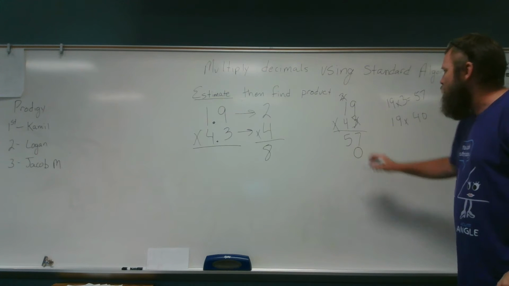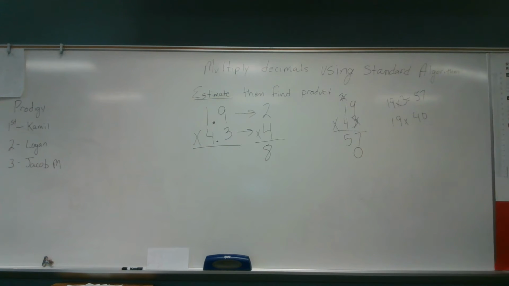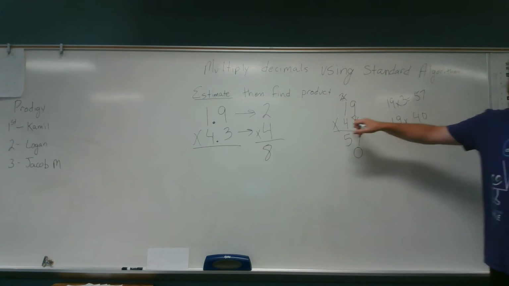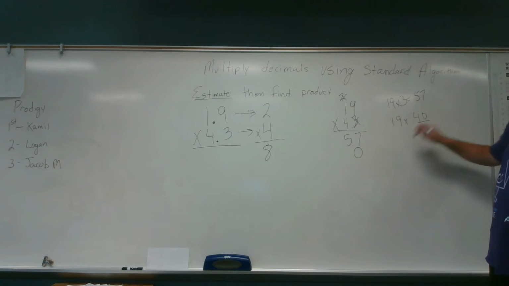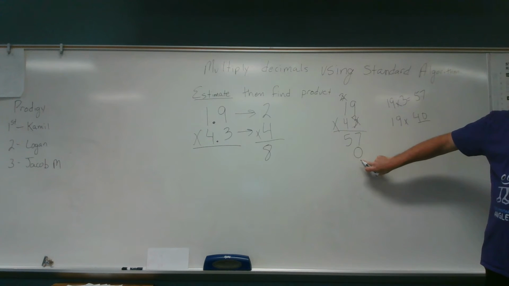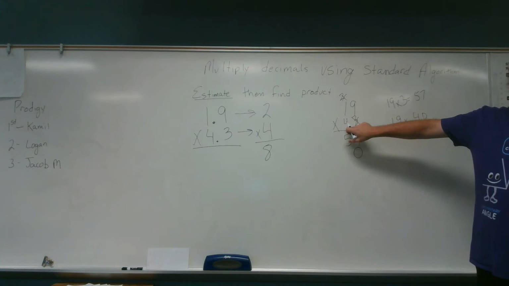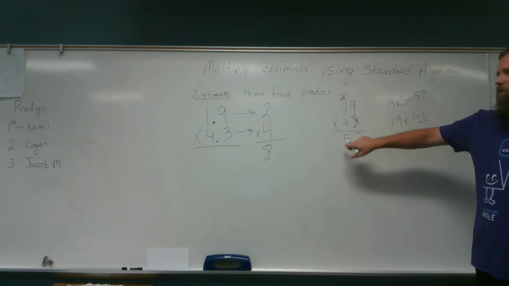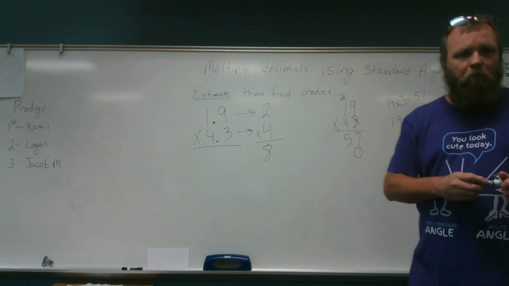That's why that 0 goes there. Now, all I'm doing is multiplying 19 times 4, because I've made it 40 by putting the 0 in the ones place. And that means we start in the tens place. Thank you, Maribel, for your help with that problem.